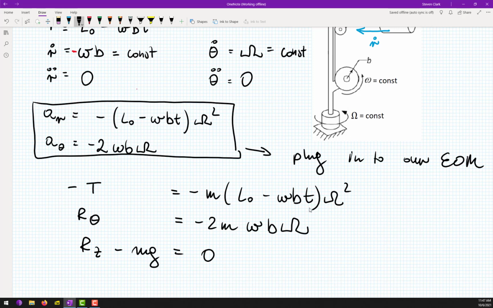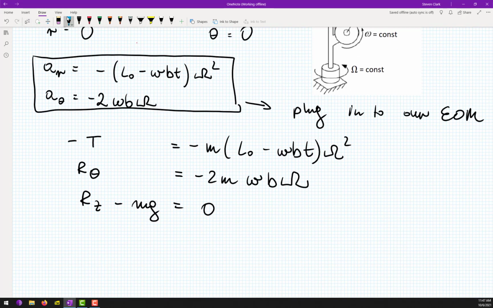Great. So we can already see that our R_z, this reaction force, is always mg. And if I remember correctly, they ask us to express T as a function of time and also R as a function of time. So we are like 60 seconds from the solution, guys.